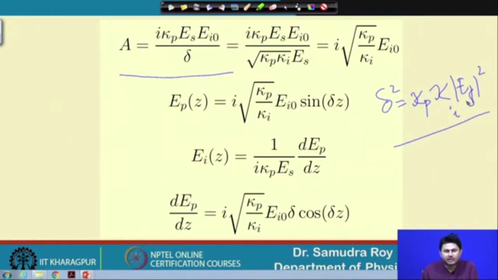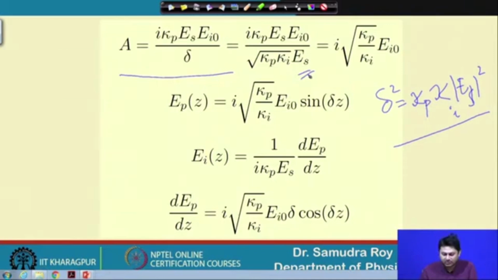Mod of Es square can be considered as a completely real quantity. That is why when I take a root over of that, I can say this is simply Es. So, we are not considering any kind of phase at the input, or even if there is a phase, we can call this phase 0, and with respect to that phase we are measuring other phases.